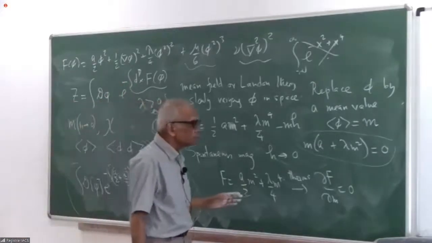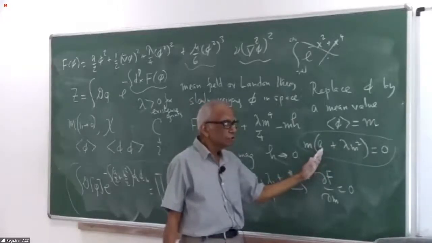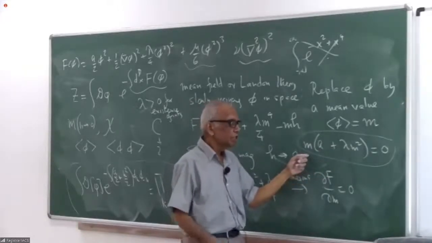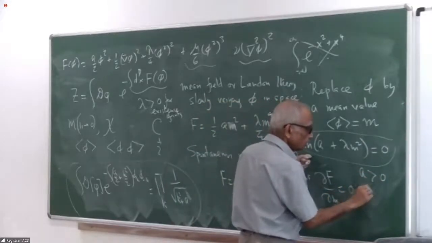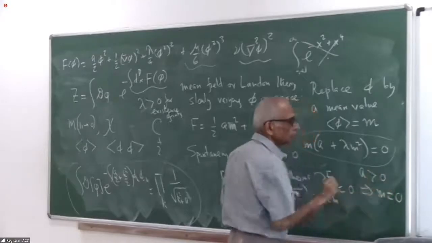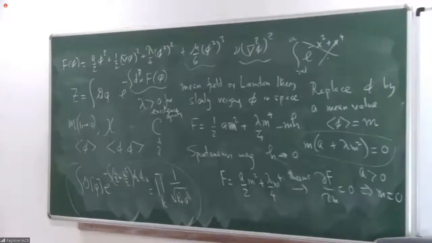So with lambda greater than 0, if A is greater than 0, then the only solution is M equal to 0. So for A greater than 0, the system has no spontaneous magnetization.